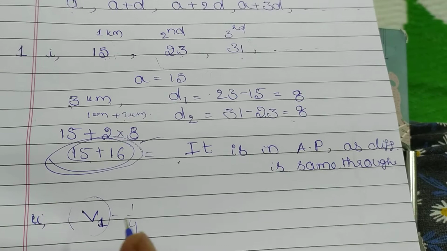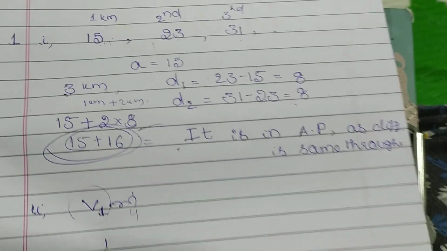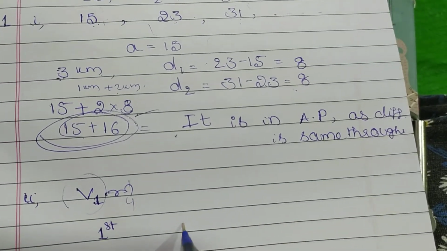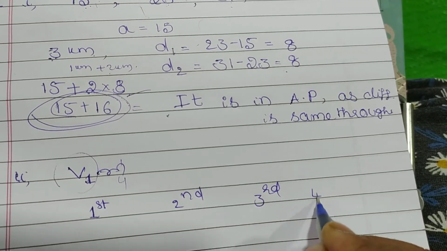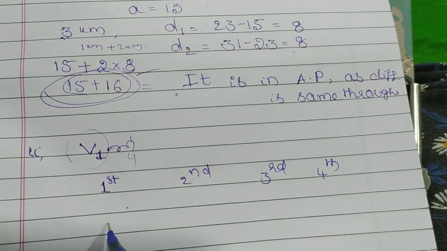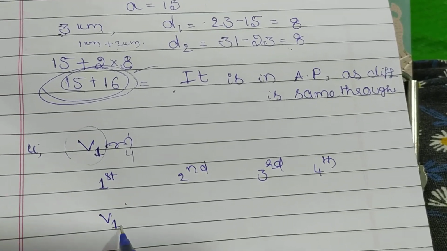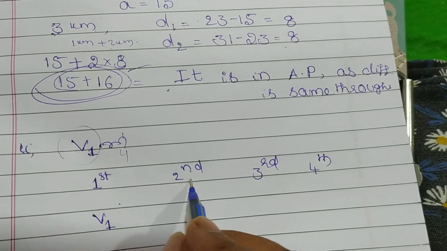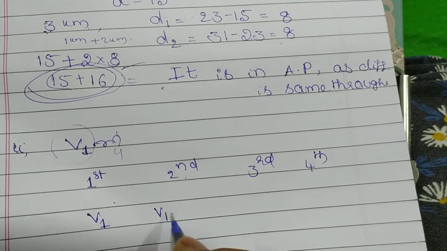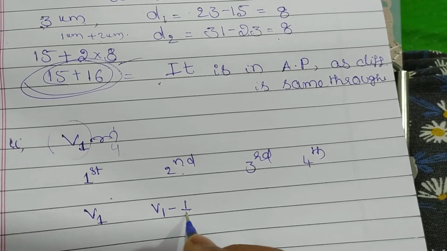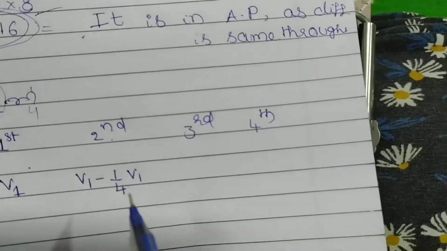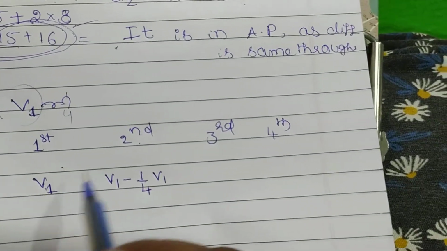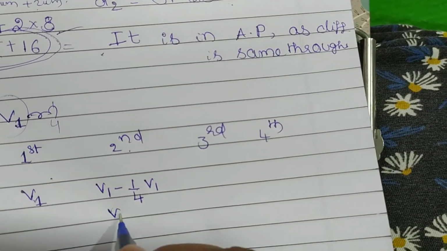So we will write like this: first term, second term, third term, fourth term. For the first term, the amount of air present is V1. For the second term it will be V1 minus 1/4 of V1.